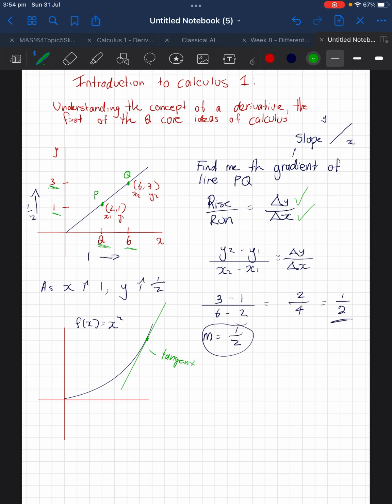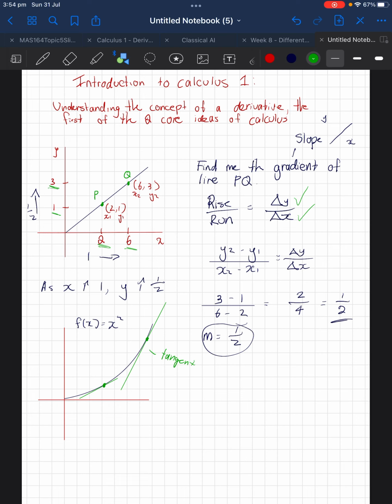Okay, but if we were to pick another point along this curve, the tangent line would look a little different. Because remember, it's only touching this point and no other point along the graph. So you can see as you move along this curve, the slope changes.